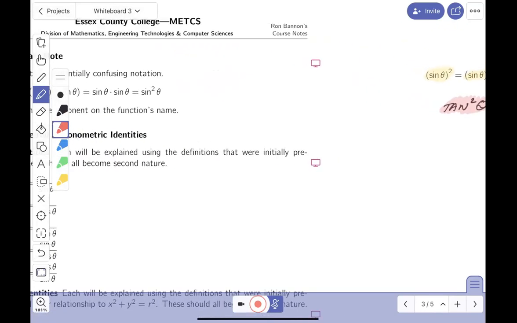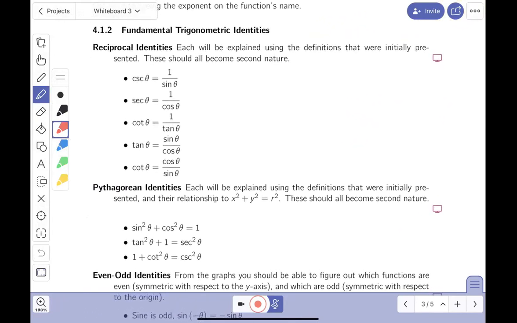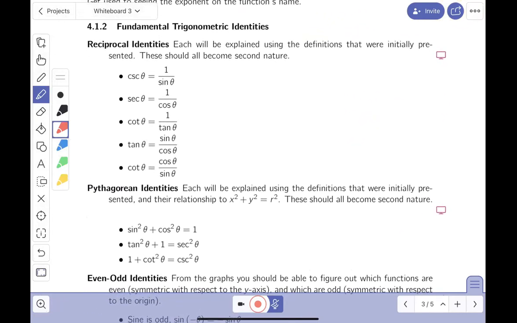All right, let's go to the next one. The next one are these fundamental trig identities. What I'm going to claim is that some of these things are really important for me. What's important is what we just discussed: the sine and the cosecant are reciprocal functions.